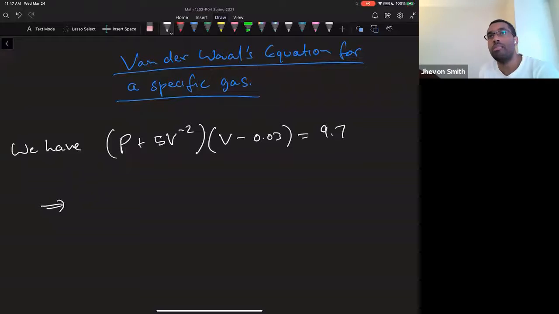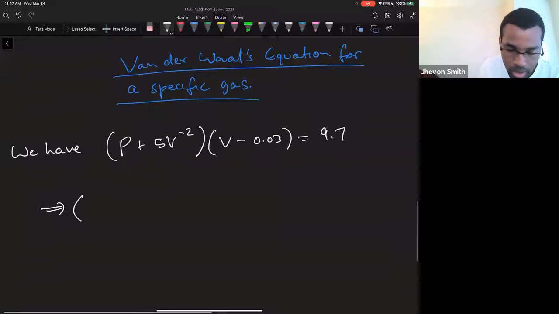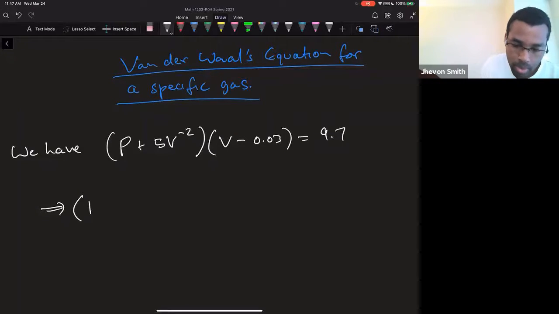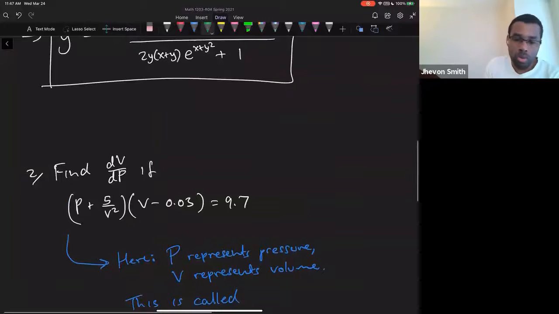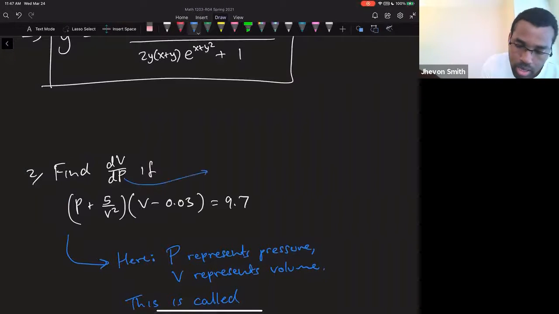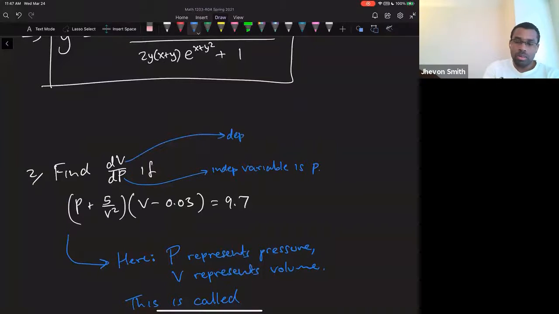The P is the independent variable here. So the derivative of that is 1 plus the derivative of this, which is minus 10V^-3 V prime, because V prime is the guy you want. The P is the independent variable, so you can just differentiate it and not worry about it. The V is the dependent variable, which means you need to multiply by V prime whenever you differentiate.